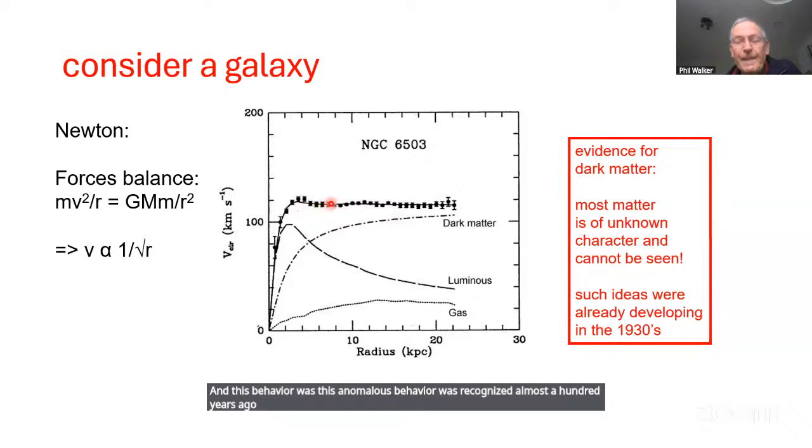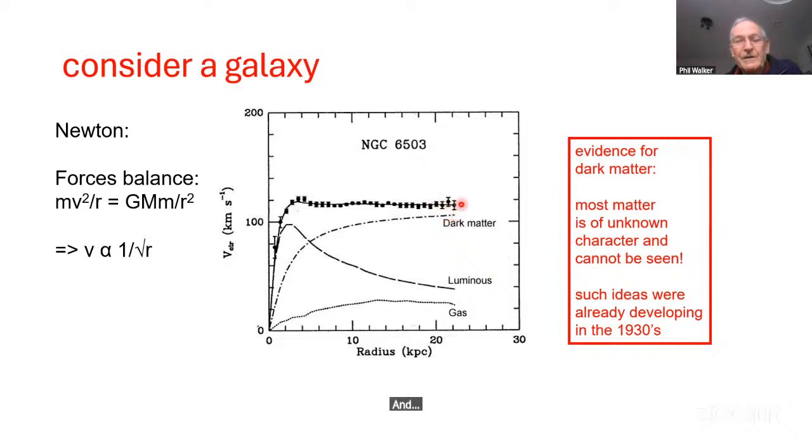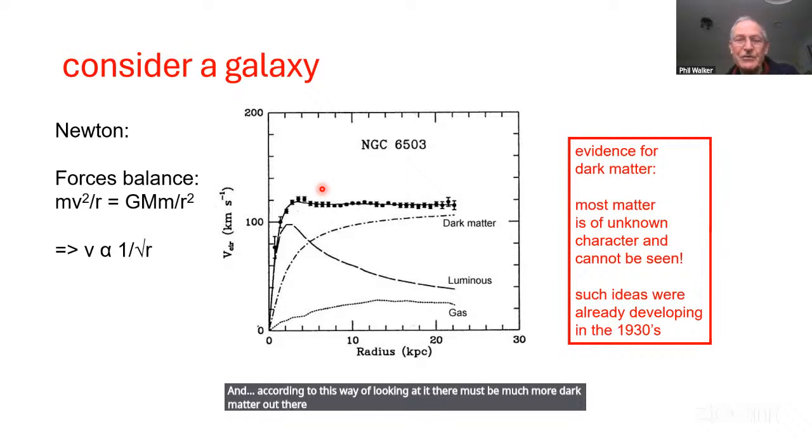And nowadays it's interpreted as the existence of dark matter, that is, matter that we can't see, that is a long way out from the center of the galaxy. And according to this way of looking at it, there must be much more dark matter out there in the universe than there is ordinary matter that we can understand.